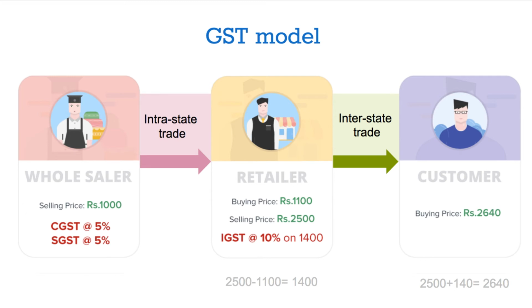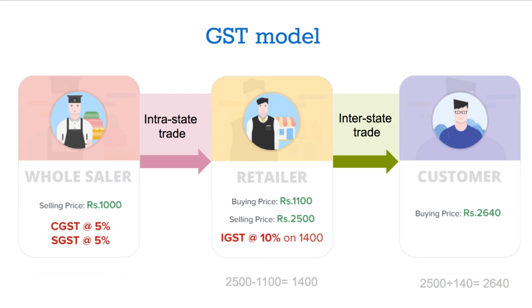So for a same state transaction, there are going to be two components of GST coming into place when you're selling to a customer in the same state. So you would have a CGST component and an SGST component. So for that, when it applies to the product, the retailer buys it at 1,100. So far nothing has changed between the indirect tax model and the GST model.